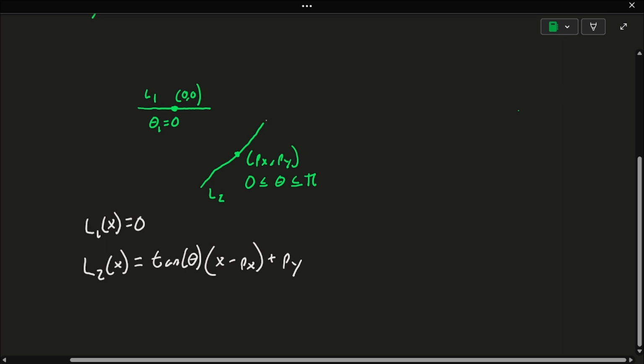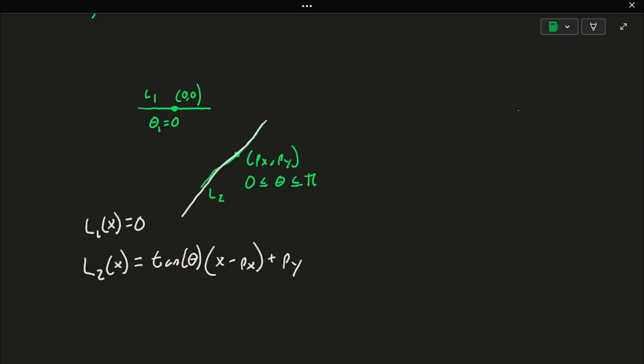To make this a little bit visual, L2 will look something kind of like that, except it'll go shooting off to infinity, of course. L1 will look something just kind of like that. Oh, whoa, that missed L1 massively. There we go. L1 will look something a little bit more like that. And of course, both of those will go off infinitely.